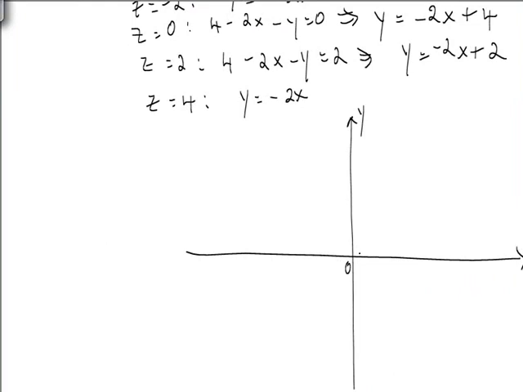Let's go with y equals minus 2x plus 2. So when x is 0, y is 2. When y is 0, x is 1. So draw a line. Oops. Okay, let me change that 1 here. Unless let me take out this line. I hope it just, okay, that's good.